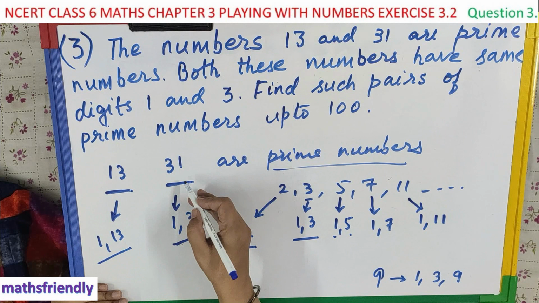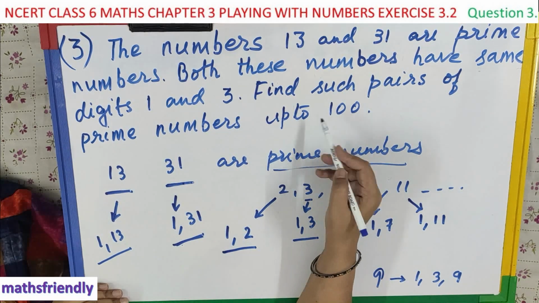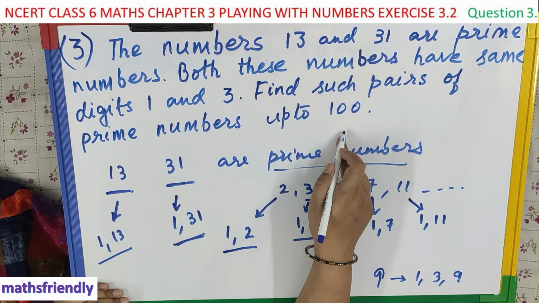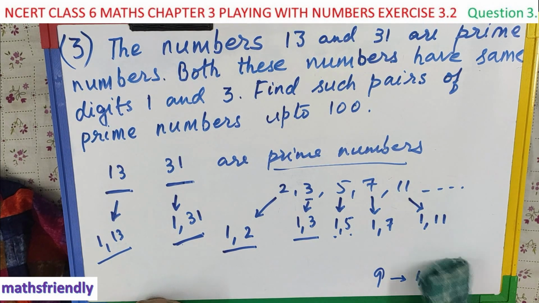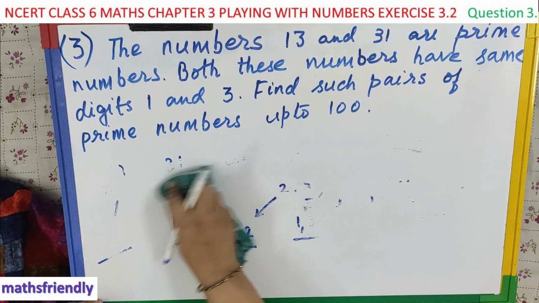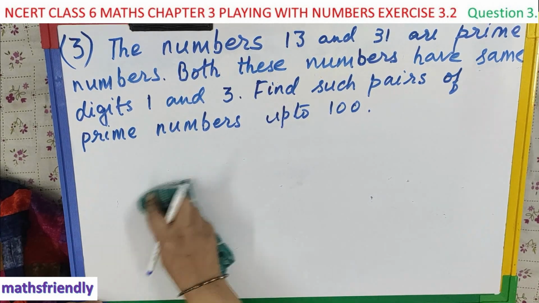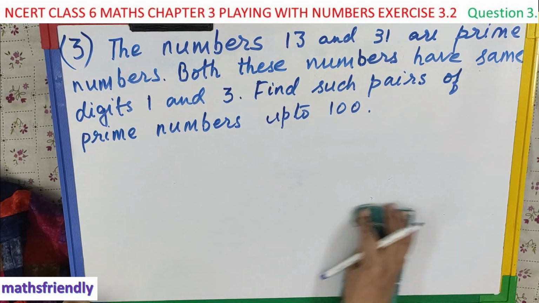The digits are reversed: 1 3 and 3 1. So we have to find such pairs of prime numbers up to 100 whose digits are reversed. We will find the prime numbers up to 100 and then see whether the digits are also reversed in those numbers.